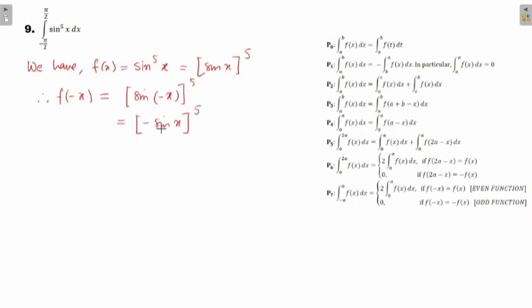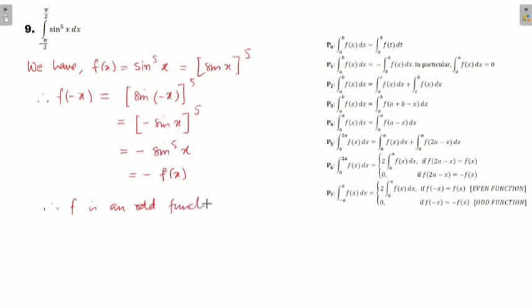Minus to the power 5 will always be minus, so this becomes minus sine to the power 5x. Sine to the power 5x is given to be f(x), isn't it? So we get f of minus x equals minus f(x). That means f is an odd function, as per the definition, since it satisfies this property.